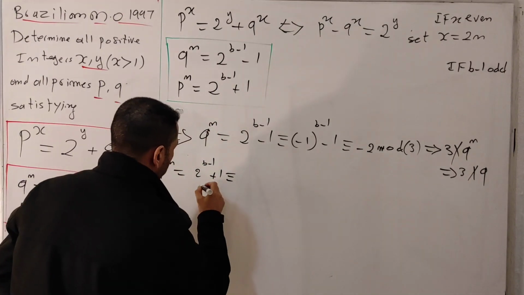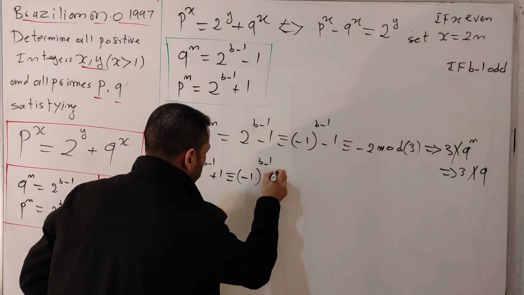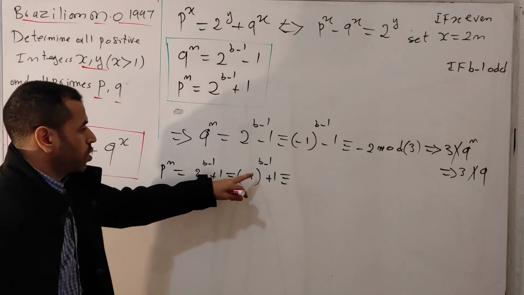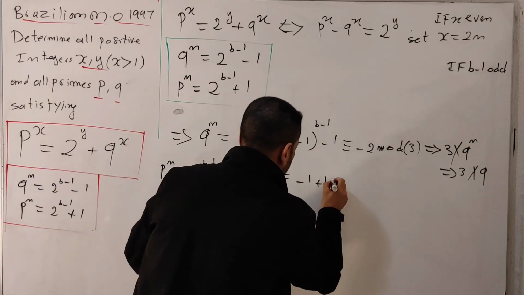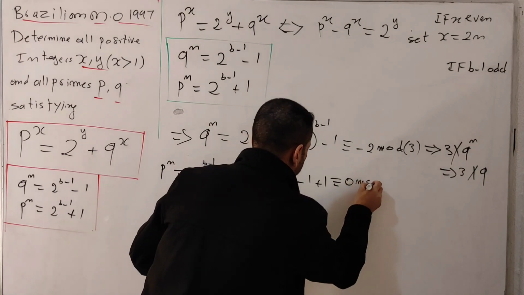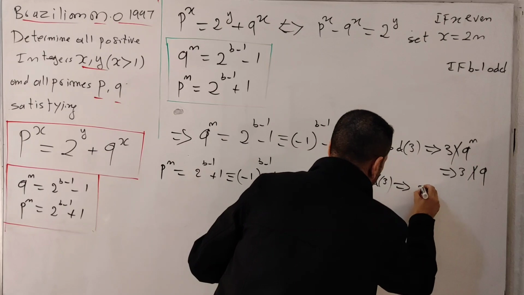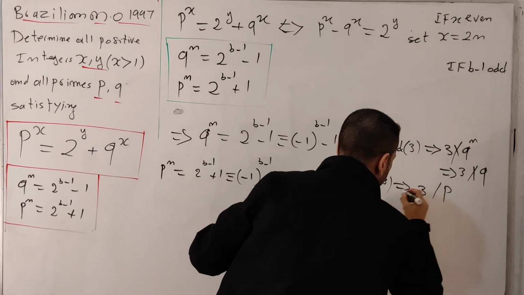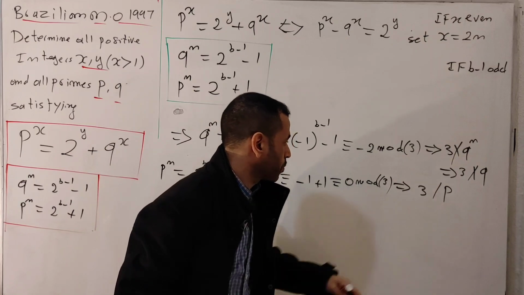I will have minus 1 to the b minus 1 plus 1 is congruent to... since this one is odd, it turns to minus 1, and with this plus 1 it becomes 0 mod 3. This is telling us 3 divides p, because we have 0 here.